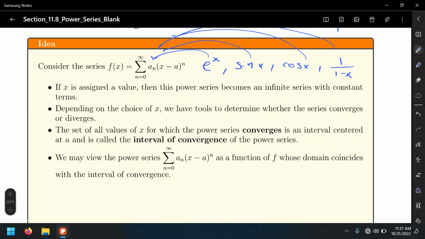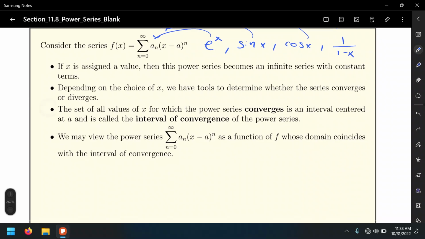In a very similar way, for regular functions of x we found the domain of a function, which is the set of all values of x that will give us a defined value. Whether it is a fraction, a decimal, or an irrational number, it doesn't matter. We are looking at the intervals for which the function is defined. Similarly, for the interval of convergence, we look at an interval containing the set of all values of x that will output a convergent series.